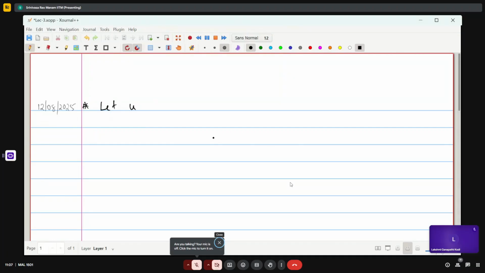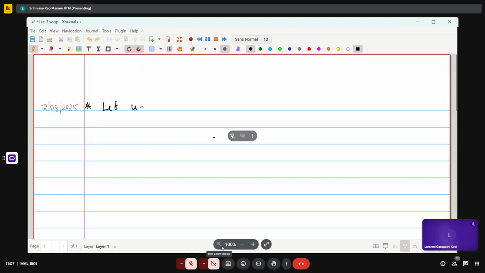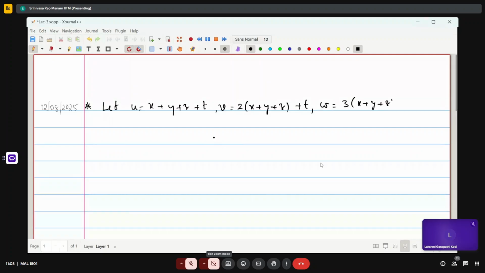Now we do 3-dimensional flow, so basically 3 components. Let u equal to x plus y plus z plus t, v equal to 2 times (x plus y plus z) plus t, w equal to 3 times (x plus y plus z) plus t, be the velocity components in Eulerian.